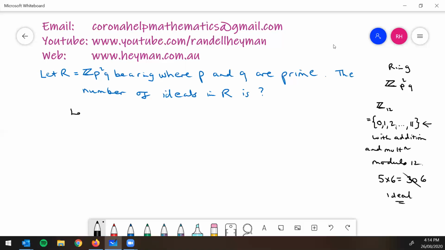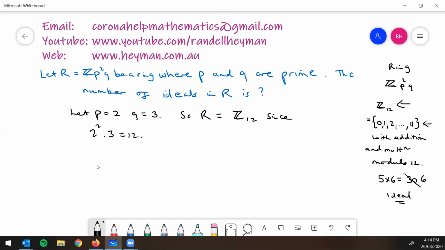So what I would do is let P equal, say, a low prime like 2, Q equal 3. So the ring is actually Z12, what I wrote over here, since 2 squared times 3 equals 12.